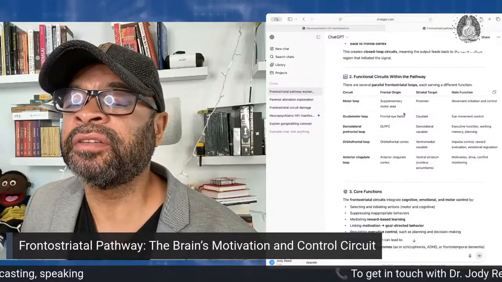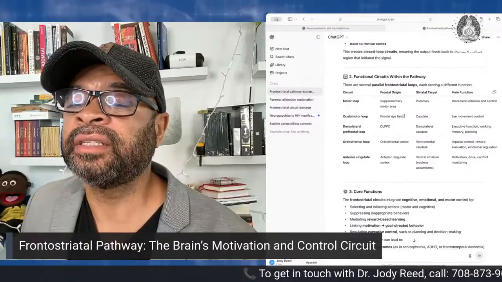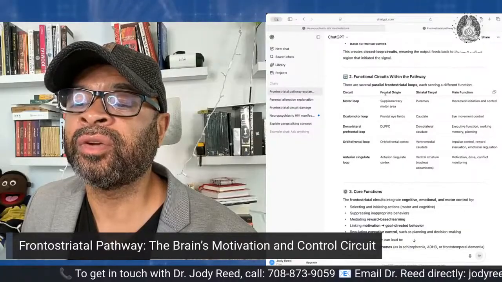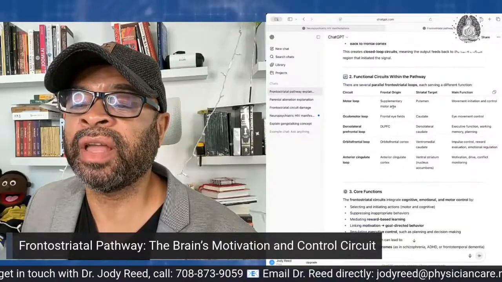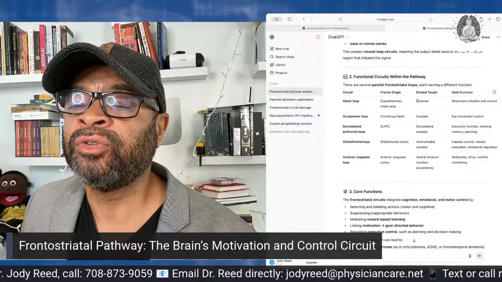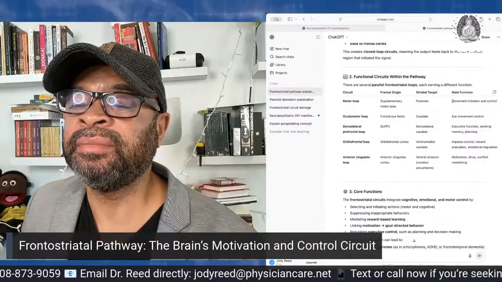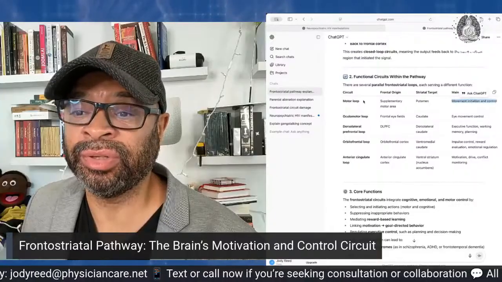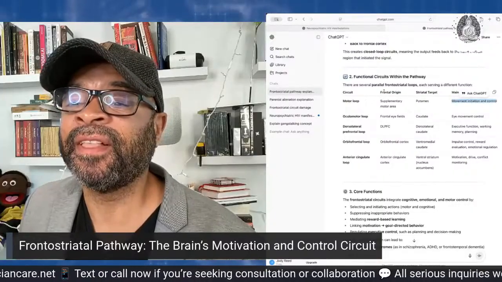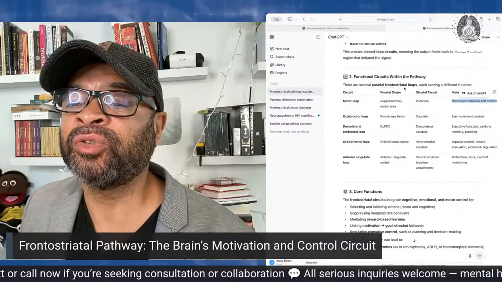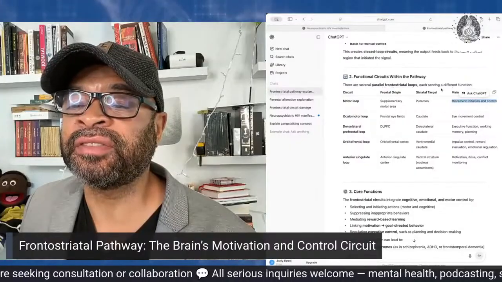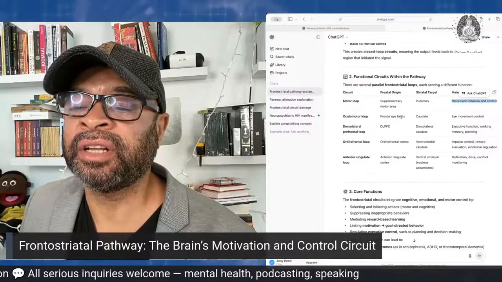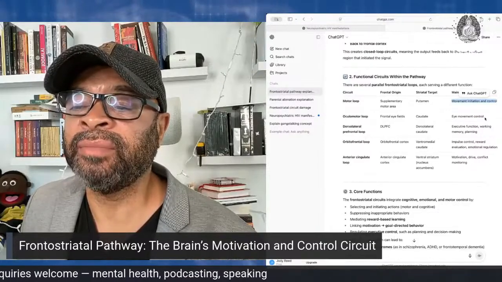There are several parallel frontostriatal loops, each serving a different function. For example, the motor loop, the oculomotor loop, the dorsolateral prefrontal loop, the orbital frontal loop, and the anterior cingulate loop. So let me try to organize this. The motor loop originates in the motor area through the putamen, and it initiates and controls motor movement. That's the motor loop, all right? The oculomotor loop, frontal eye fields to the caudate, is for eye motor movement.